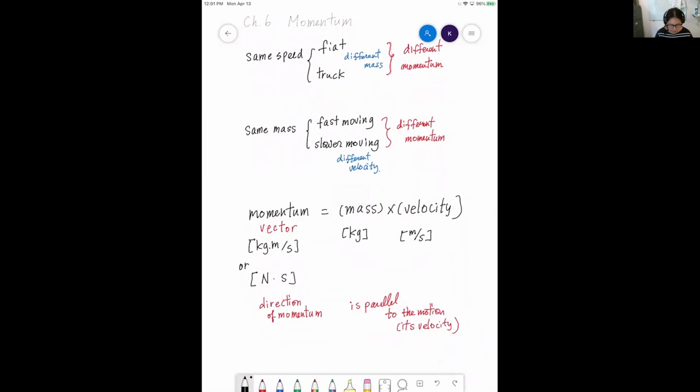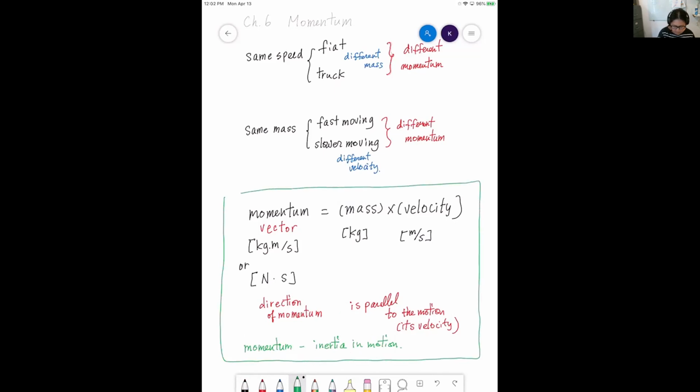Momentum describes inertia in motion. So here is the definition of momentum.